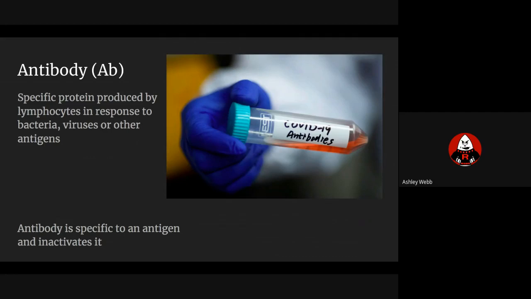So I used the picture of this COVID-19 antibody test tube because that's something that is actually being worked on right now. They're working on developing tests to be able to test your blood and see if there's antibodies built up in your blood for the COVID. And so, what does that mean?